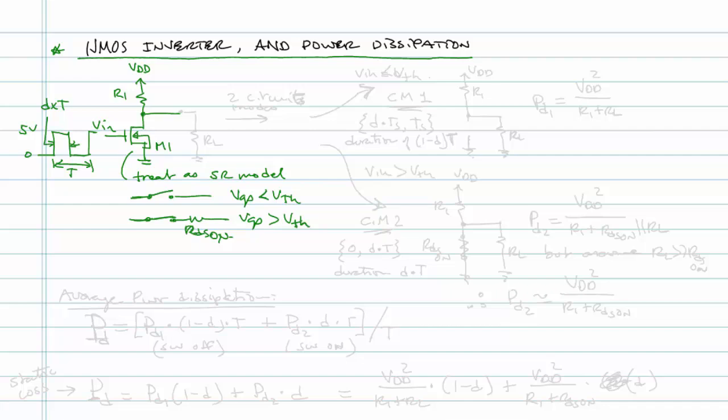So we have two circuit modes that we have to look at. One is when Vn is equal to 0, or I should say less than V threshold. We're going to have VDD, and then our switch will be open.